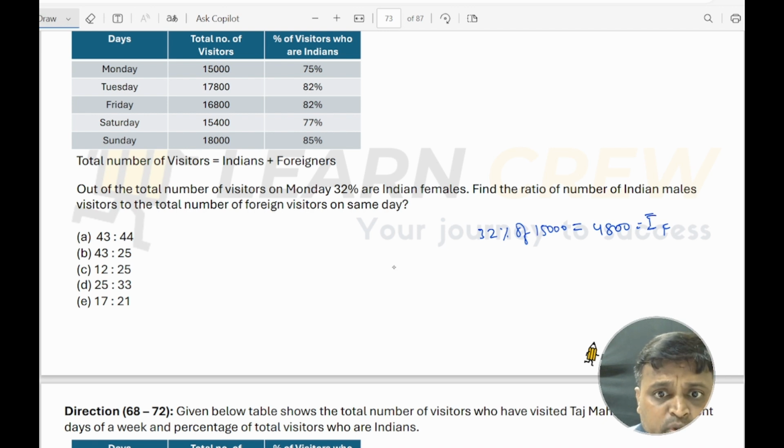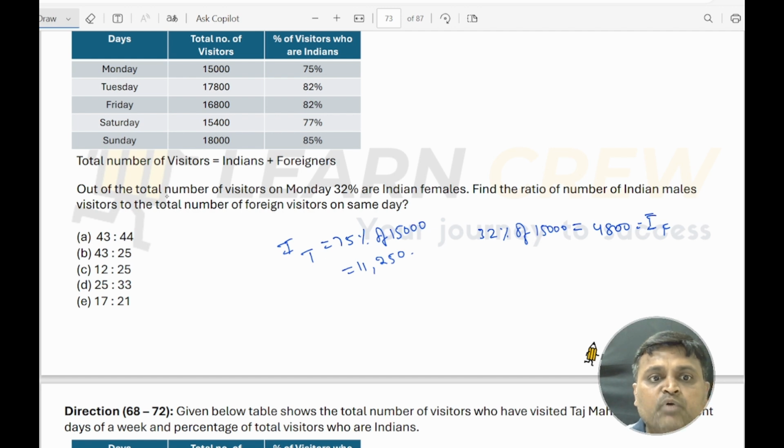Right? And total Indian visitors are 75% of 15,000, which is how much? How much did you get? 11,250.